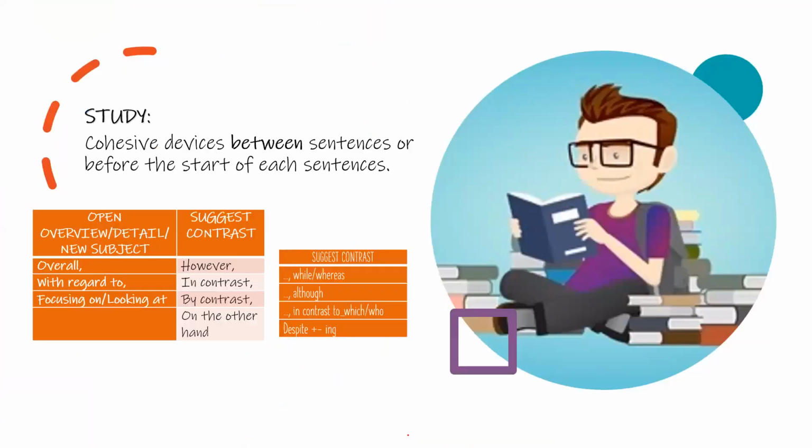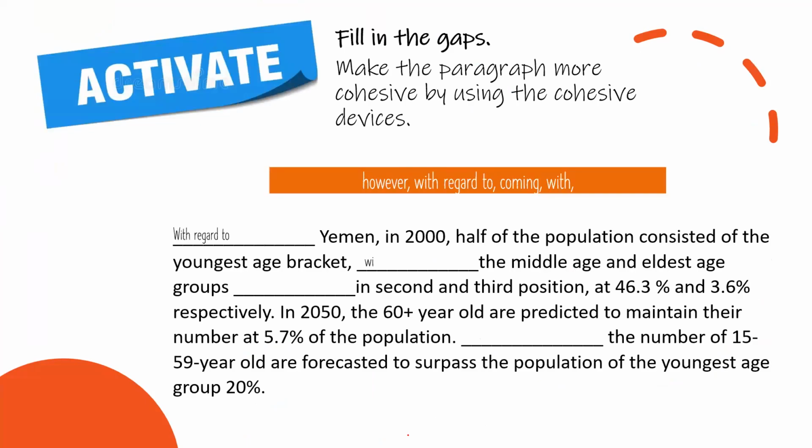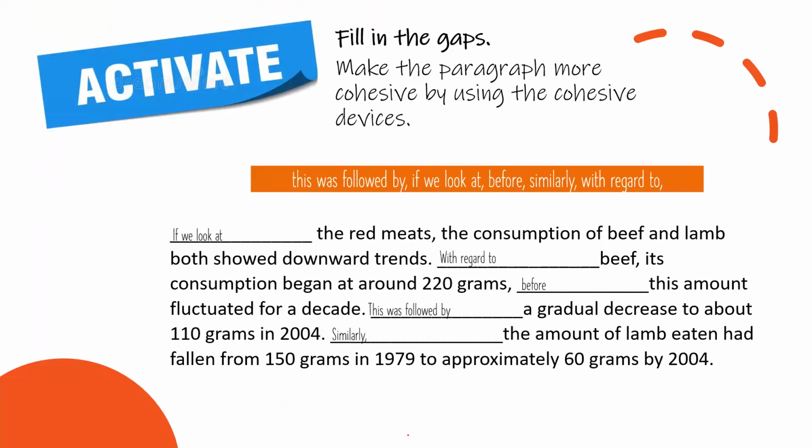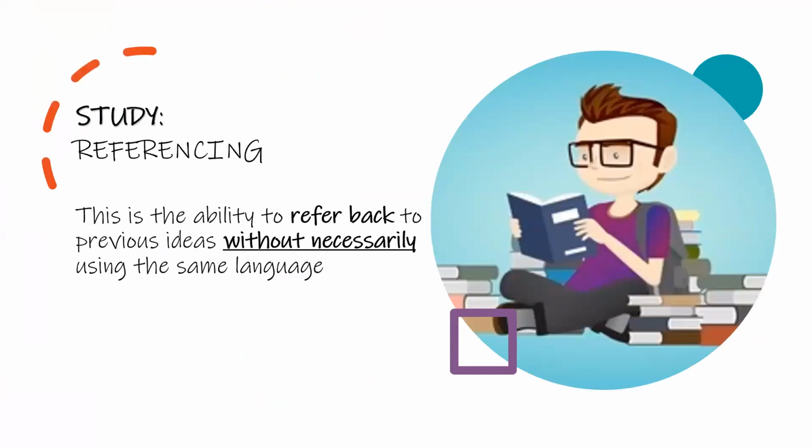Now, what is referencing? Referencing is how we refer back to the previous idea without necessarily using the same language. In short, we're using a synonym, or not really a synonym, but another word to refer back to the previous word.